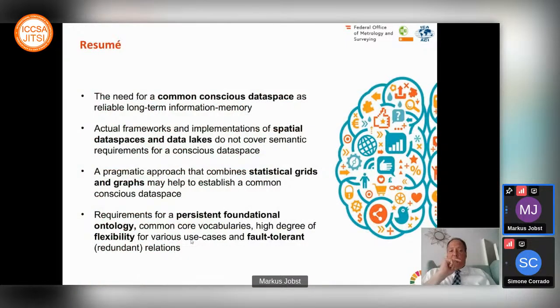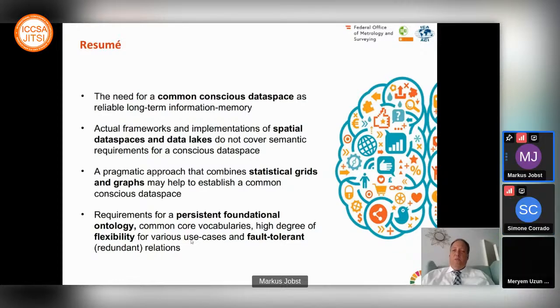So allow me to resume. From the viewpoint of spatial planning and a long-term view on space, we have the need for a common conscious data space. We do not know which information we need a priori, but we need access to a lot of information here. Actual frameworks and implementations of spatial databases do not cover semantic requirements at the moment.